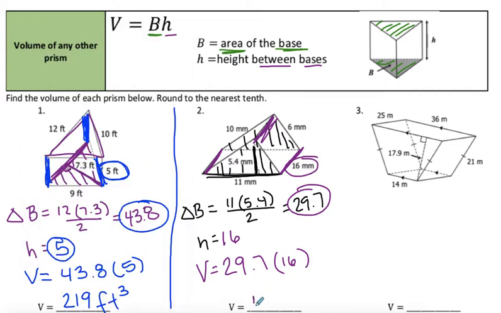So I can write that down, 475.2. And this is not going to be feet. Ours is measured in millimeters now. So millimeters cubed. So there would be 475.2 millimeters that could fit inside of that object.